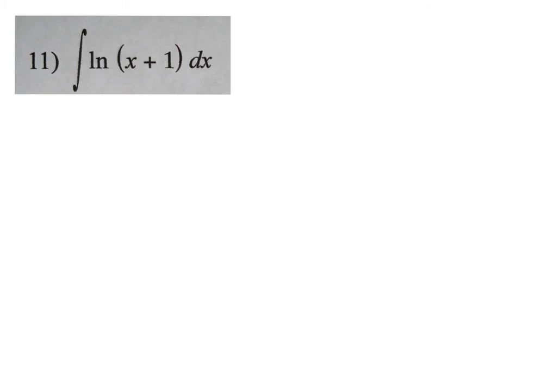The next one's number 11. Now for this one, you are going to want to use that natural log as your u, and that will leave just the dx for your dv. So my u is going to be that natural log of that whole group x plus 1. My du will just be the 1 over the x plus 1. My dv is just dx.